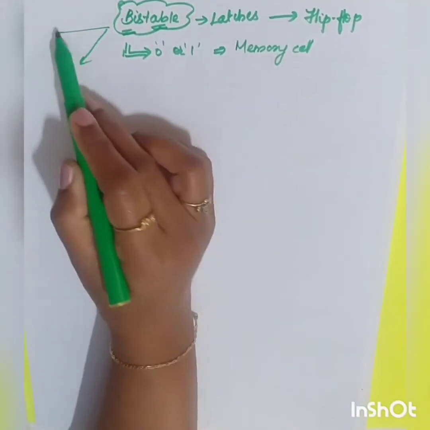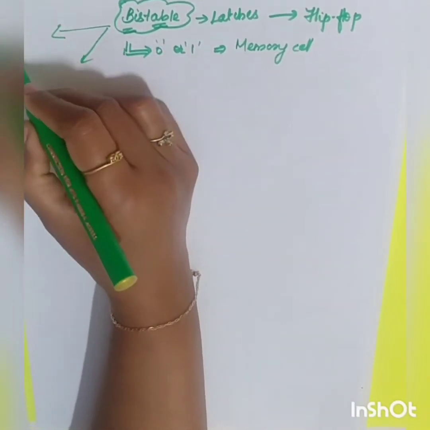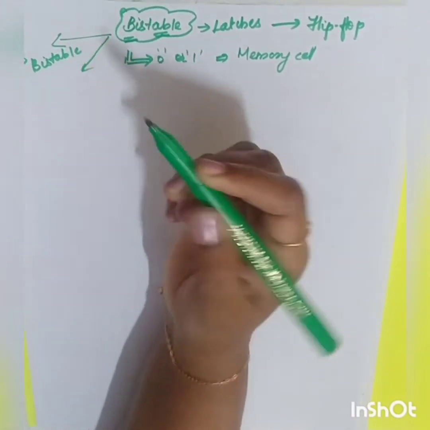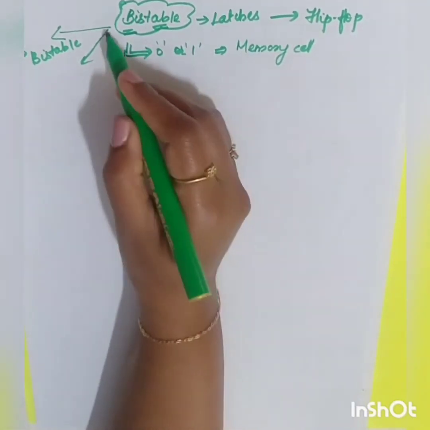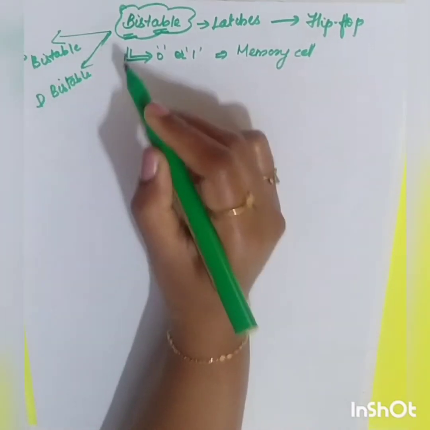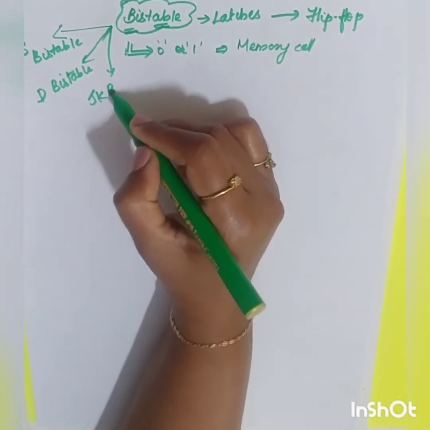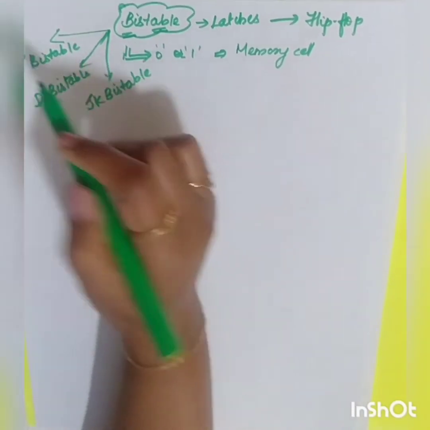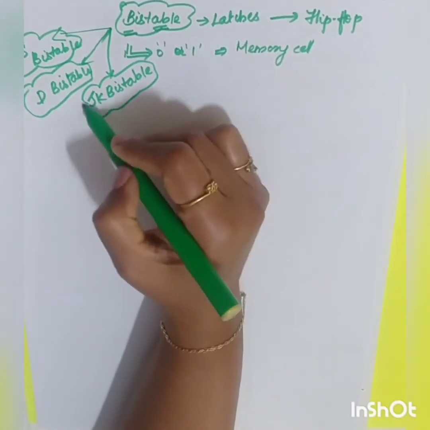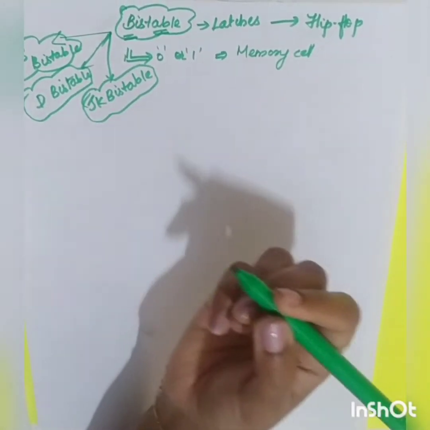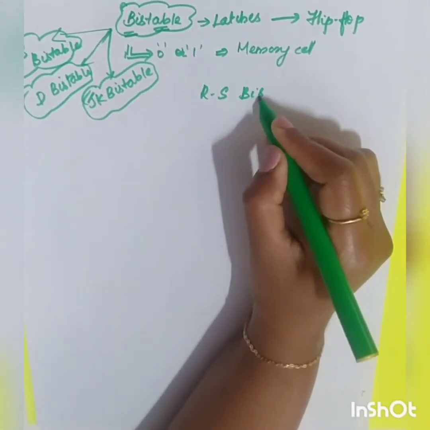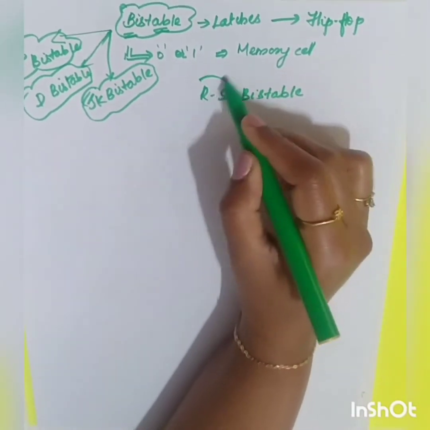Now you are going to study three types of bistable: RS bistable, D bistable and JK bistable. So RS, D and JK. So the first type you are going to study is called the RS bistable.